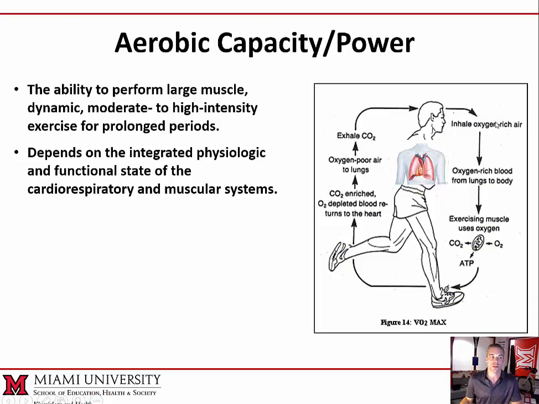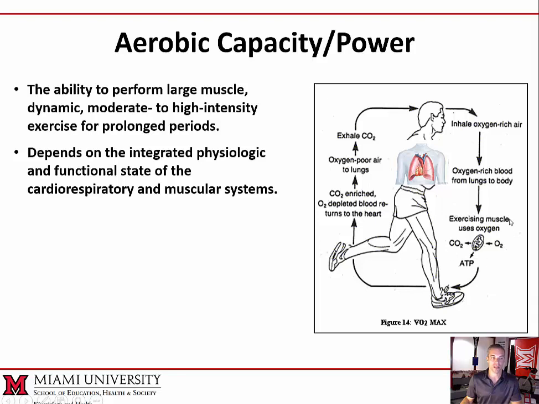This O2-rich air travels down to the lungs, and within the lungs there's an exchange between the air in the lungs and the blood traveling through the lungs of oxygen and CO2. So oxygen in the lungs is basically diffusing into the blood, and this oxygen-rich blood is then pumped via the heart through the vascular system to all cells of the body.